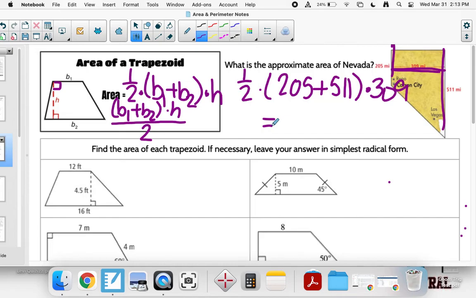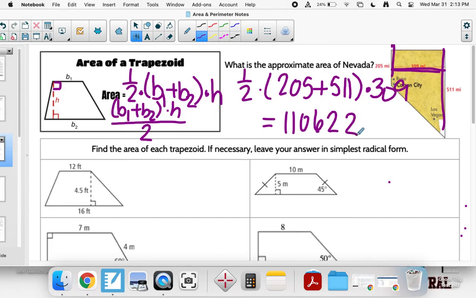Again, make sure that you're either putting parentheses around this addition or that you're doing that first and then timesing. Either way, just make sure you're not multiplying them together so you get a huge number. I got 110622.